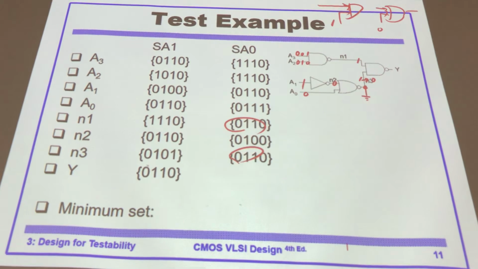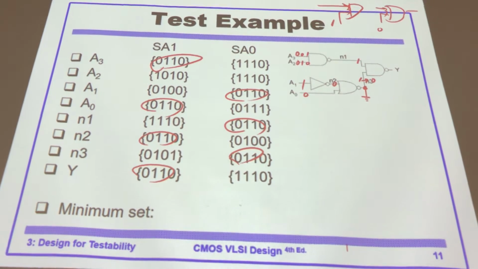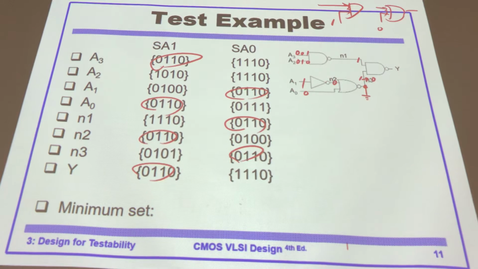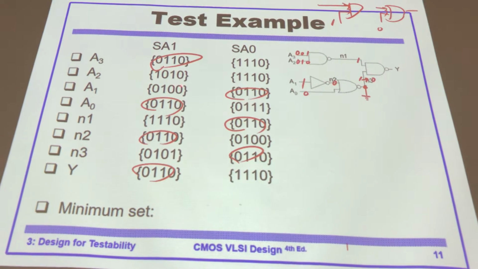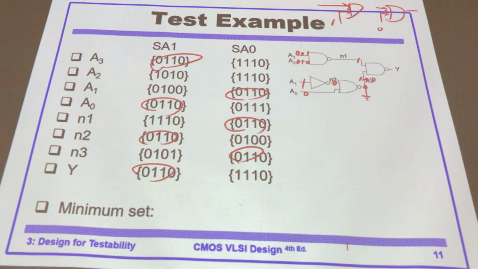We want to reduce the number of patterns. There are quite a few 0, 1, 1, 0. Simply 0, 1, 1, 0 can take 1, 2, 3, 4, 5, 6, 7 cases. 7 stuck-at faults.